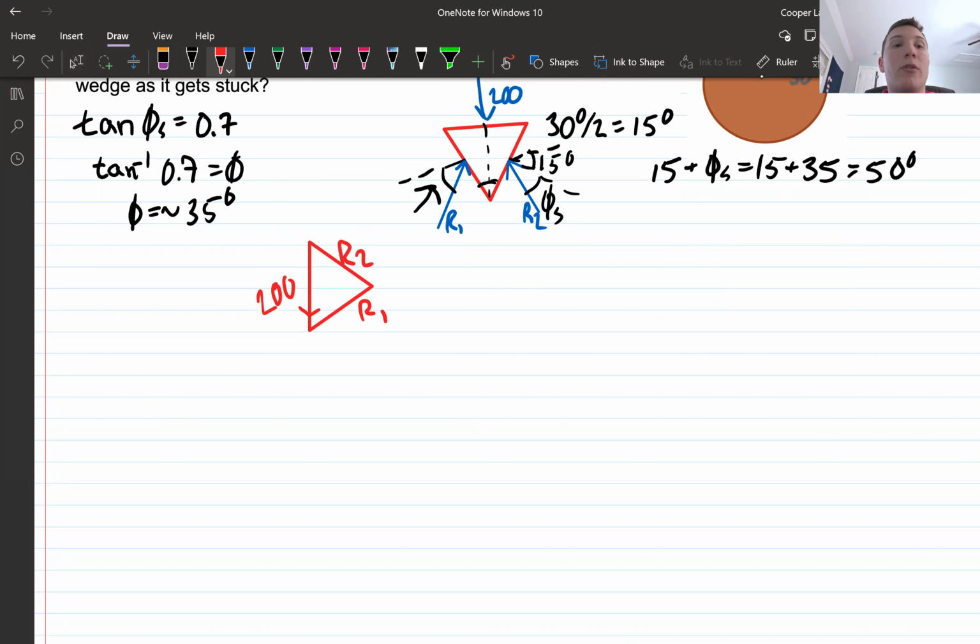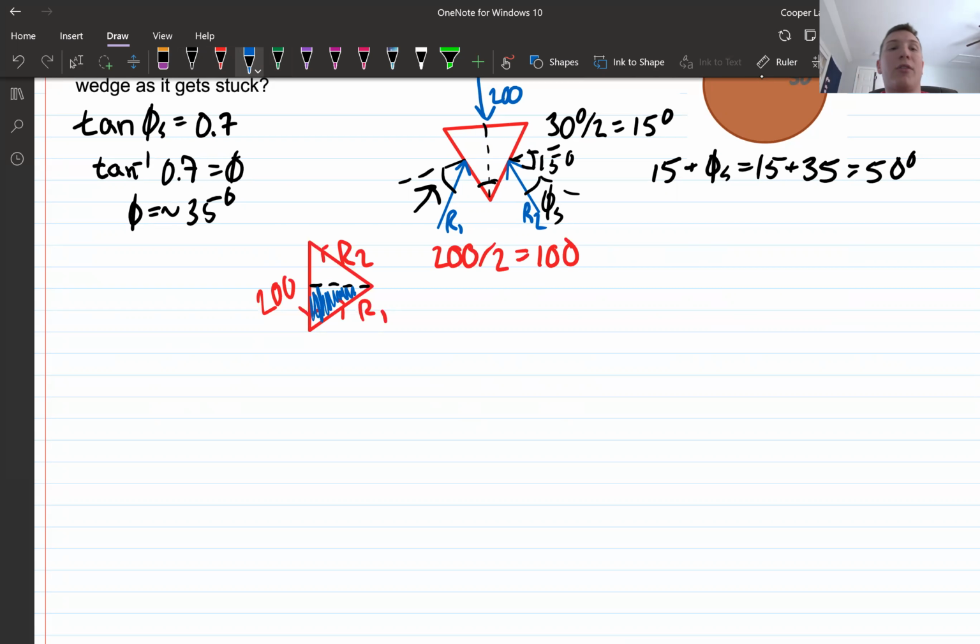Now what we're going to do, though, is we're going to take this and split it horizontally at halfway. So given this, that means that this height here that was 200 is going to be actually 200 divided by 2, which gives me a force of 100 in just this shaded triangle, the triangle shaded blue.